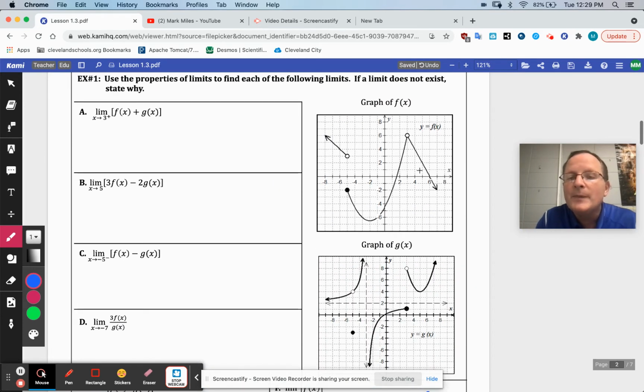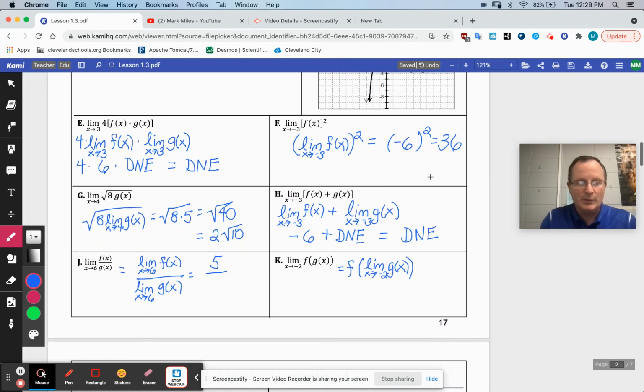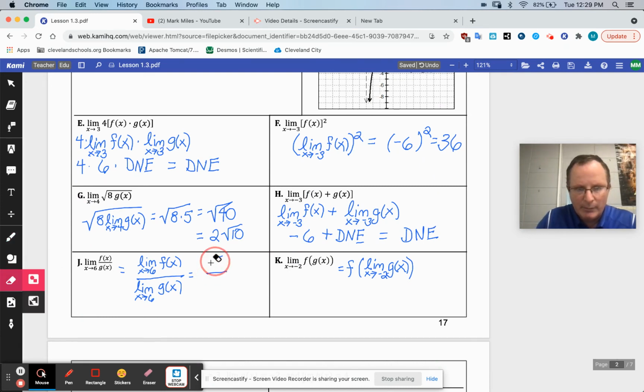I did the wrong one. The 5 approaching 6 was 0. Sorry, 0 on top. My bad. 5's on the bottom. All right, there we go. So on top 0, on bottom 5. And that's fine. 0 divided by anything is 0.